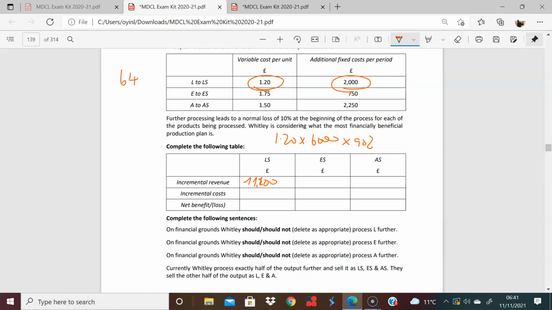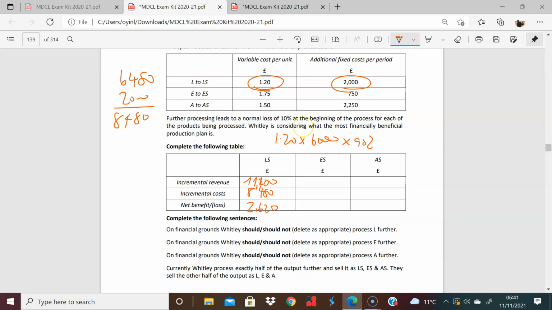So you have 6,480 plus 2,000, which is 8,480, and therefore your net benefit is 11,100 minus 8,480, giving you a net benefit of 2,620.